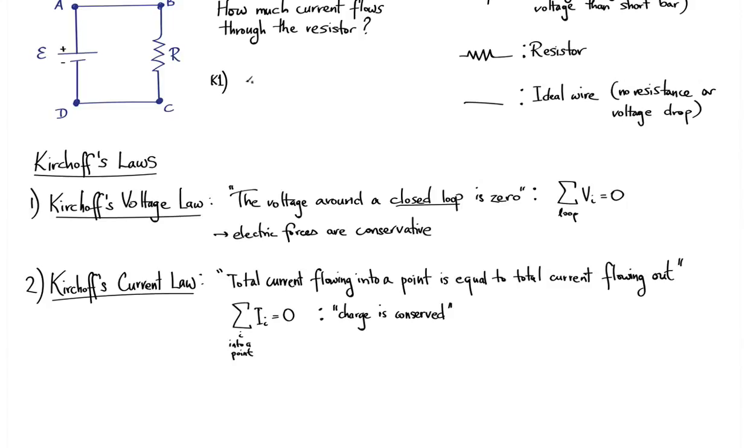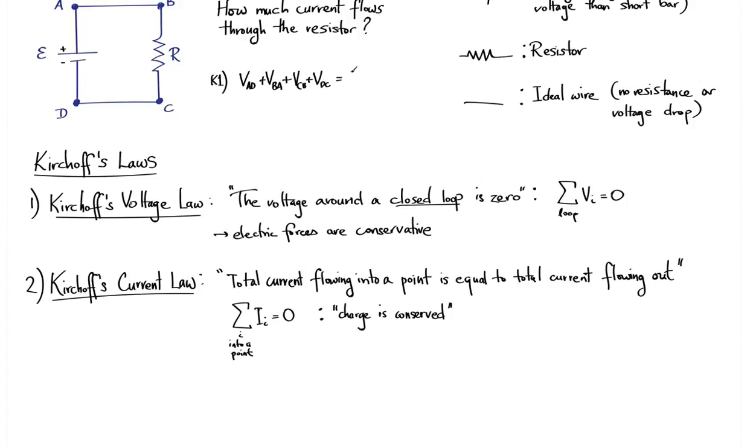right? Then we can see that basically the sum of the voltages around this whole loop, so let's take this first one. V_DA, that means from D to A, plus V from A to B, plus V from B to C, plus V from C to D, right?